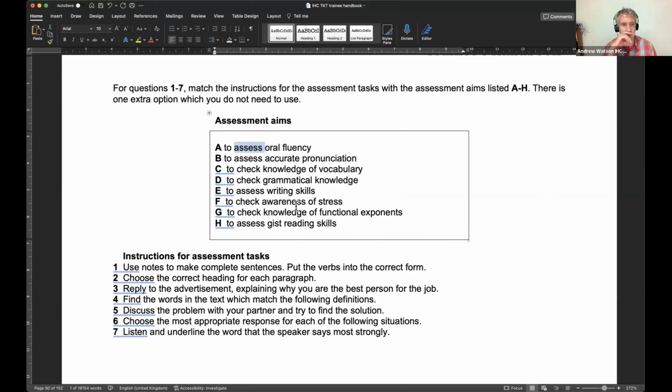Number 1: use notes to make complete sentences, verbs into the correct one. No, it's grammatical knowledge, isn't it? It's D. 1 is D. Yeah. Paolo was right. Yeah. Because it's the correct form of the verb.